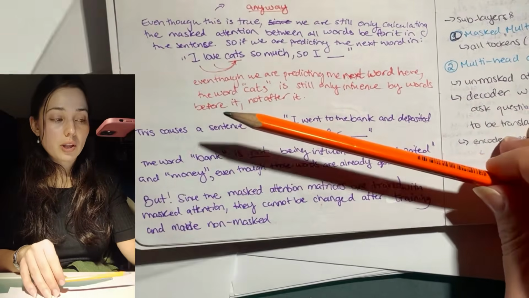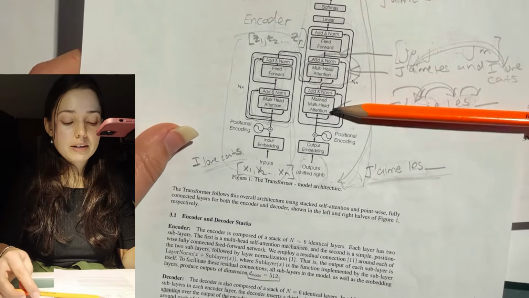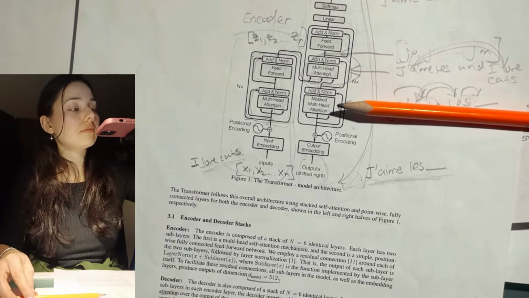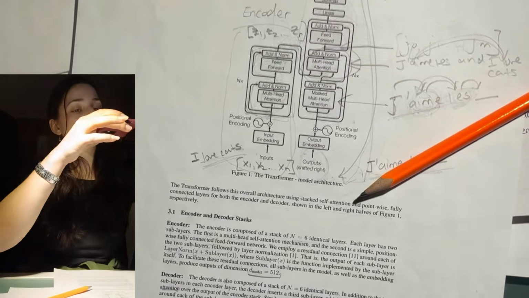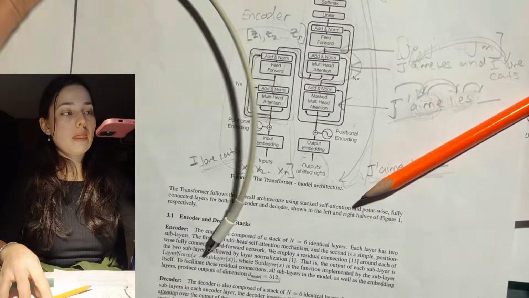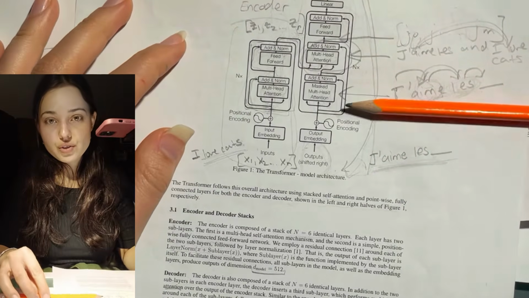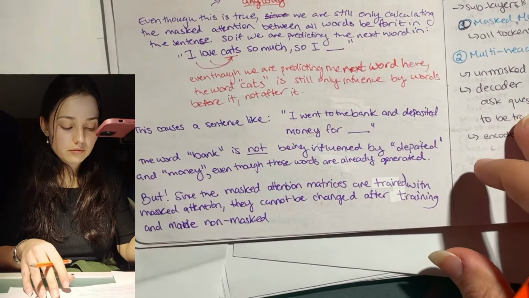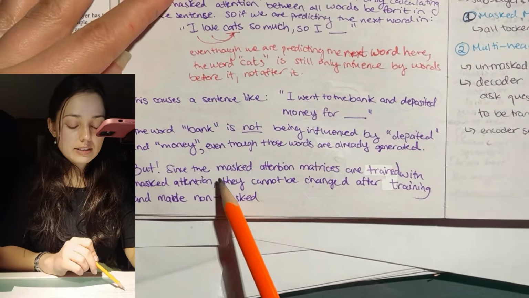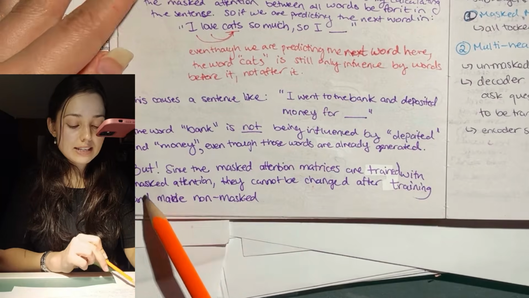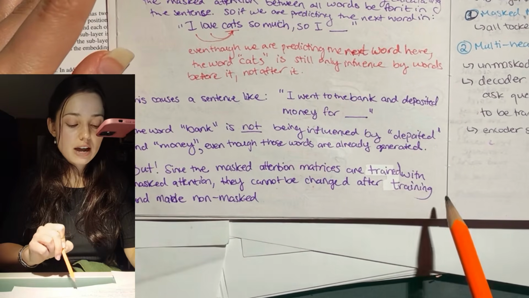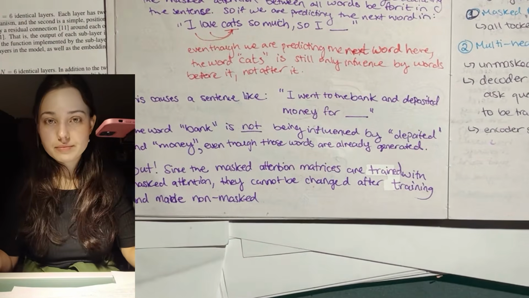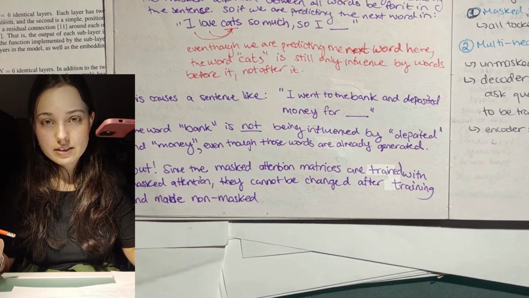This attention mechanism was only trained such that for a certain word, only words before it can affect it. Since the masked attention matrices are trained with masked attention, they cannot be changed after training to be non-masked. I'm hoping that made sense.